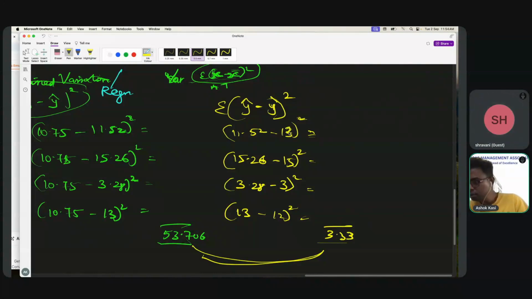This is 13. 11.52 minus 13 square is 2.19. Okay.